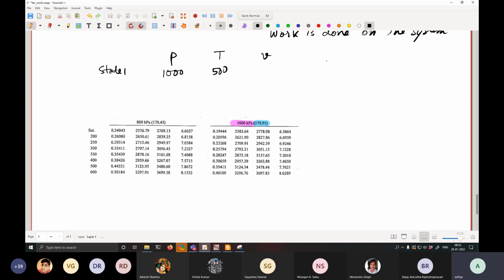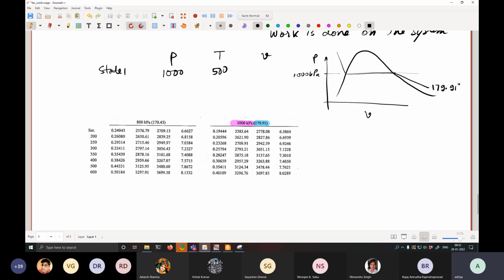Meaning, if I were to draw the plot, so this is P, this is V. So if this is 1000 kilopascal, so this entire line is 1000. So the isotherm that passes through here is 179.91 degrees Celsius.